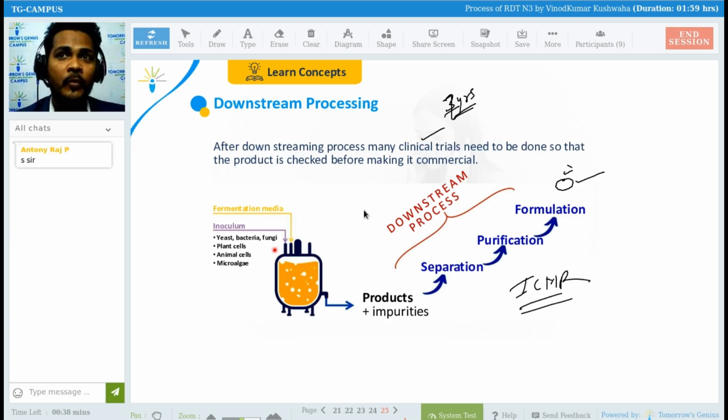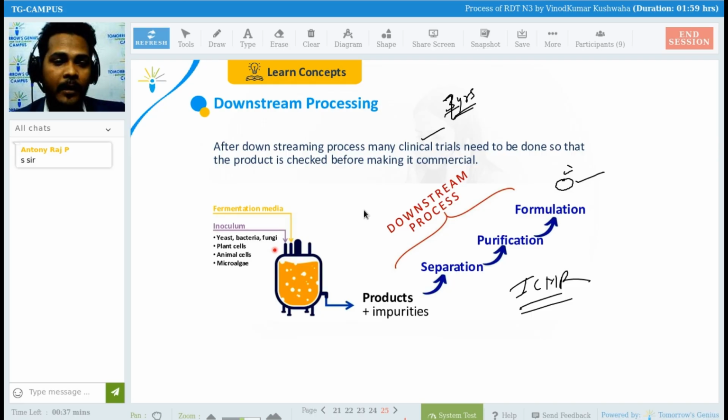But for any product, if you want to launch it in the market, up to 7 years of clinical trial is required. Without any clinical trial, you cannot launch your product in the market. Clear? Because you need to take approval from the ICMR.